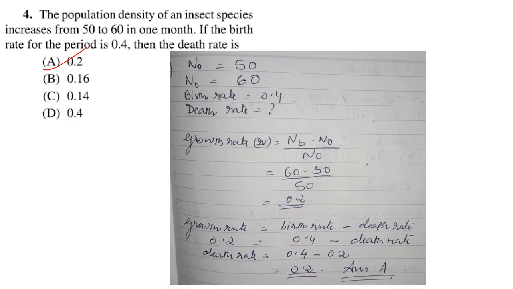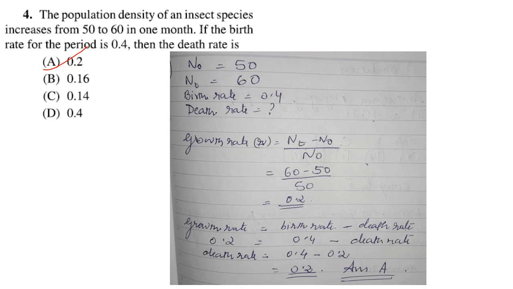Then next one. The population density of an insect species increased from 50 to 60 in 1 month. If the birth rate for the period is 0.4, then the death rate is. So N0, that is initial, is 50, and Nt, that is final, is 60. Birth rate is 0.4. What is the death rate? So you have to calculate the growth rate first.